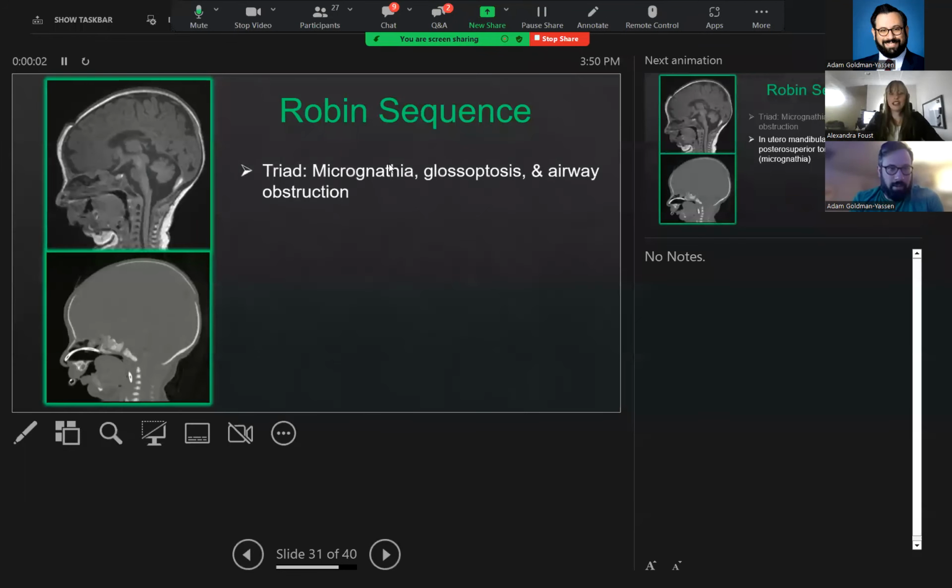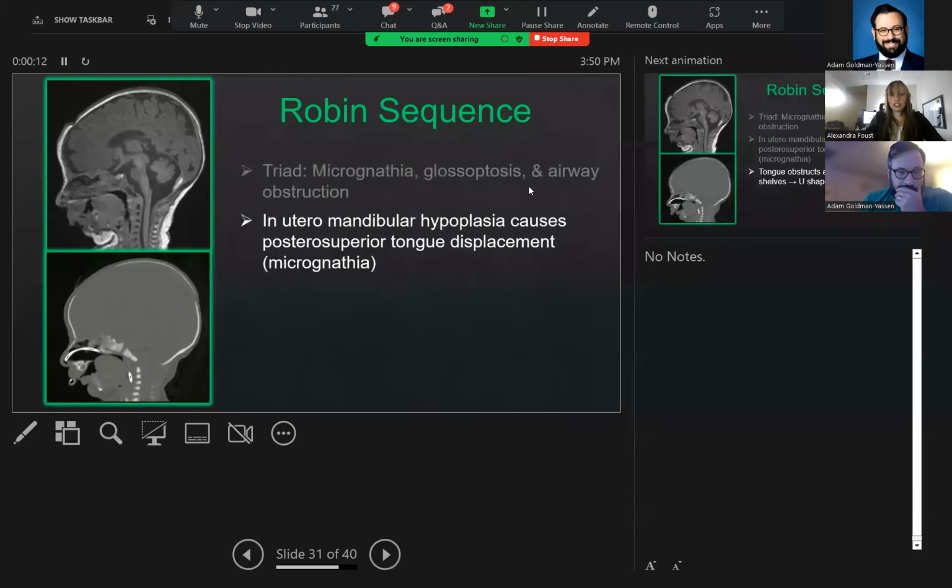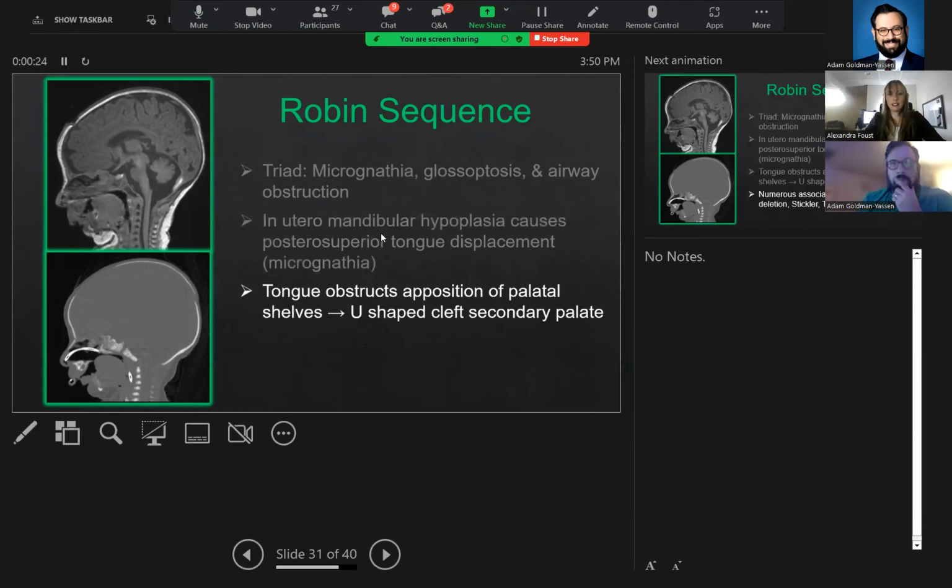All right, so what you have then is you have a small mandible. Because the mandible is small, the tongue gets pushed up and back. Because the tongue gets pushed up and back, or glossoptotic, then you're blocking those palatal shelves from lifting up and zipping together in the midline. And then you have a resultant defect in the secondary palate.